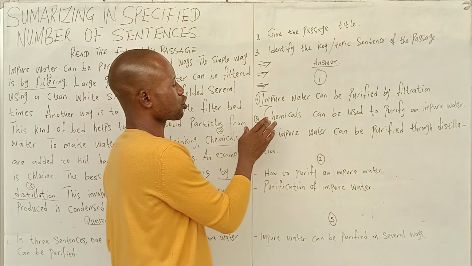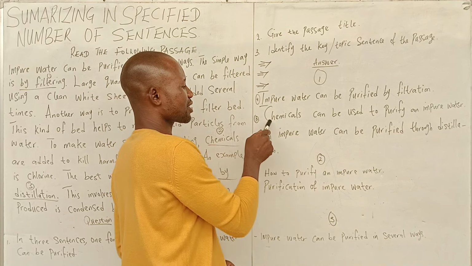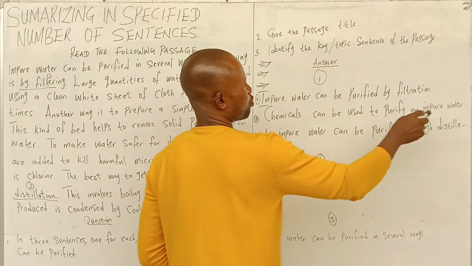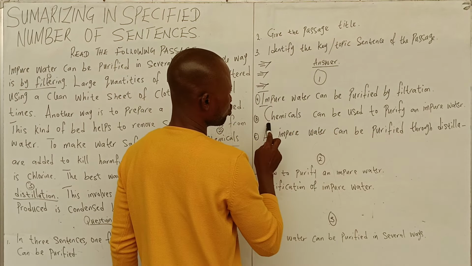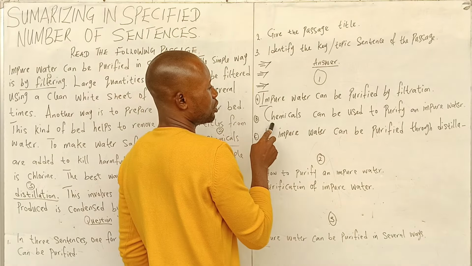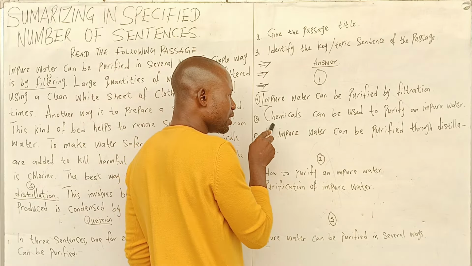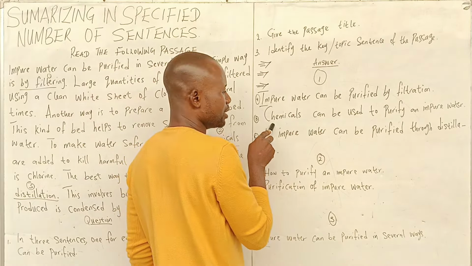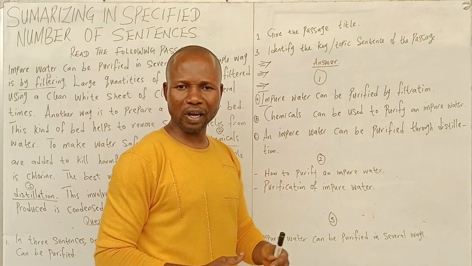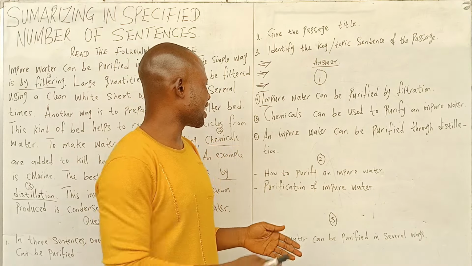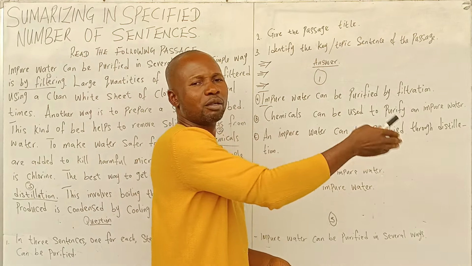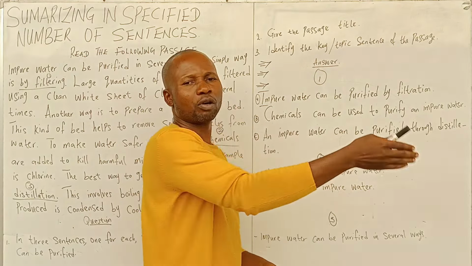This is what is called a sentence because it starts with a capital letter and ends with a full stop. Number two, the sentence conveys complete meaning. Because you understood by reading this that by adding chemicals, you can purify your water. You can write it like that: by adding chemicals, impure water can be made pure.